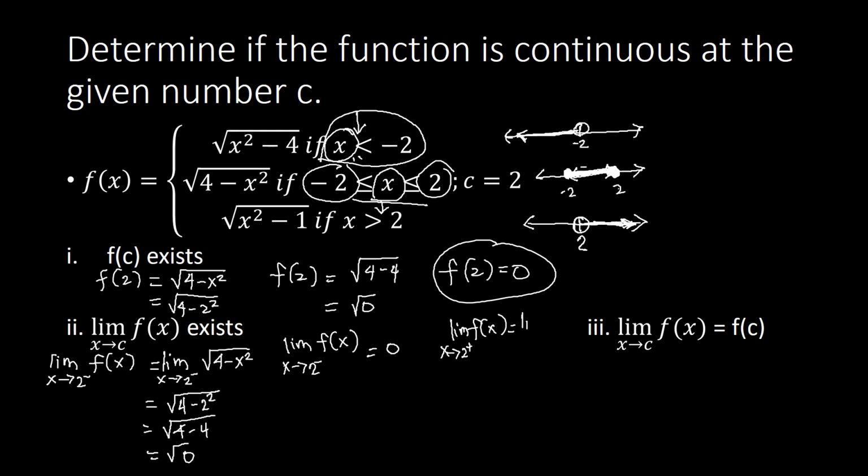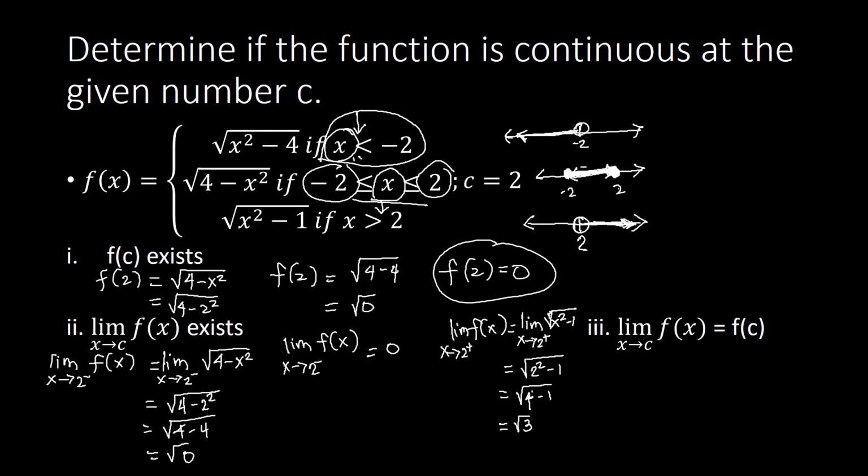So we have limit of square root of x squared minus 1 as x approaches 2 coming from the right side. So substituting that x there by 2, we have square root of 2 squared minus 1. 2 squared is 4, so we have square root of 4 minus 1, which is square root of 3.